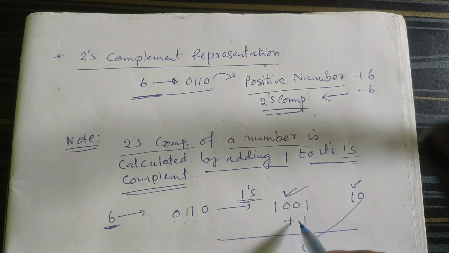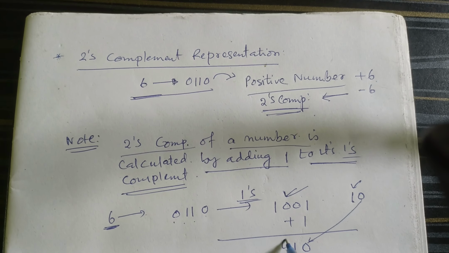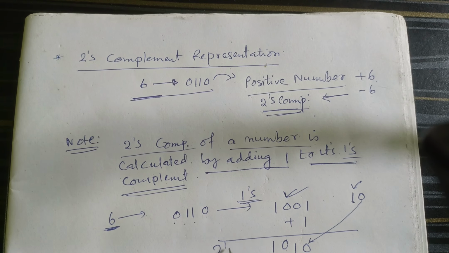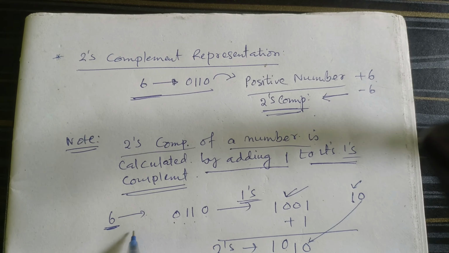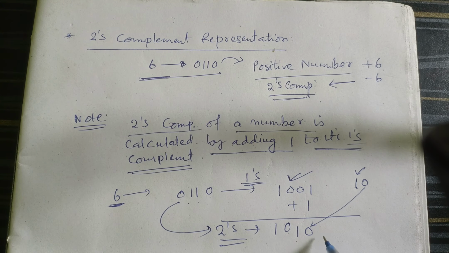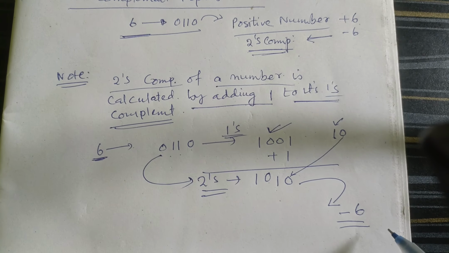So 10 will be 1. Then nothing is there, so I'll get 0 here. Then 1. So this one is the 2's complement. So the 2's complement of this number will be this one. So it will be represented as a -6, a negative number. Correct.